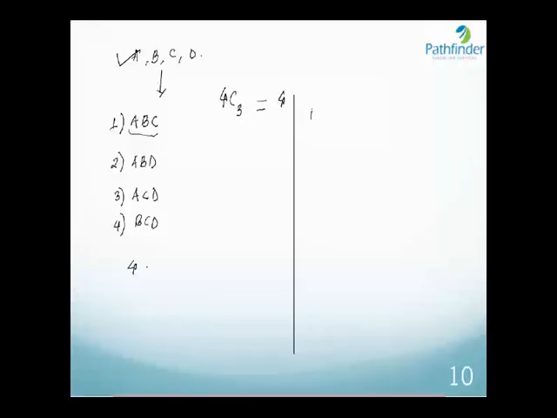So if I select group number 1, that is A, B, C, I would have had arrangement ABC or ACB or BAC, BCA, CAB, and CBA. So you notice that for every group I would have exactly 6 arrangements of 3 people. But in combination, we are not concerned with arrangements. We are only concerned with selection of groups of 3.